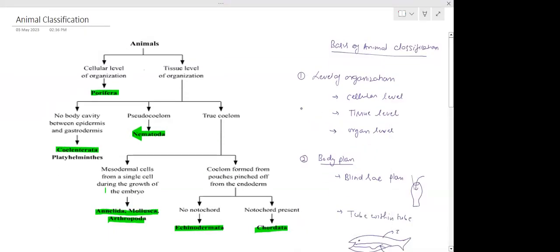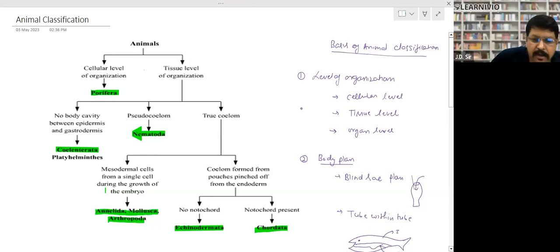So the first criterion of classification, note down. On the basis of animal classification, the first criterion is level of organization. It is written in front of you on the screen. You have to write down in the same sequence.